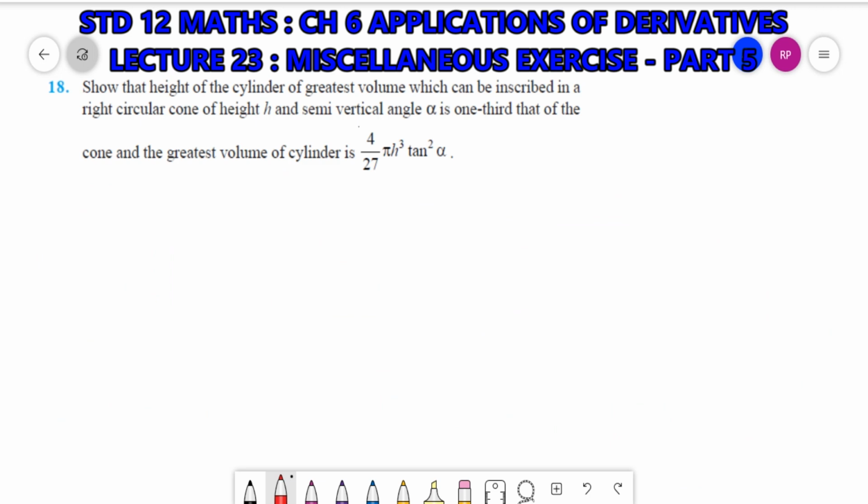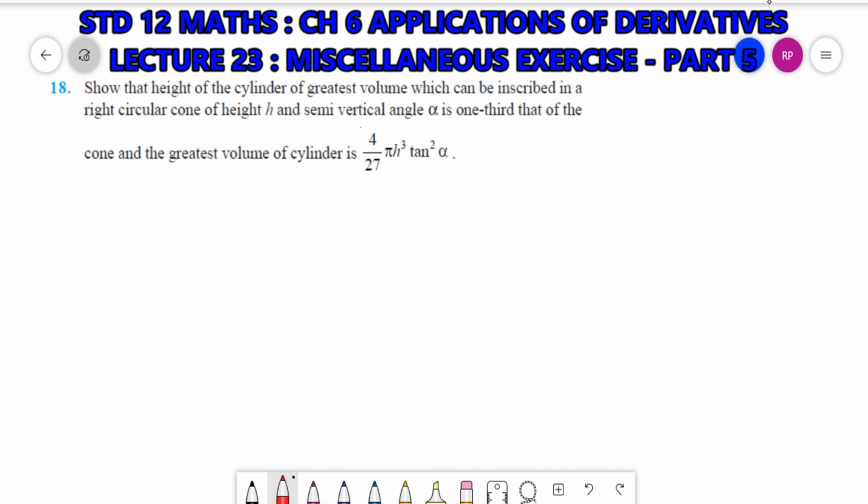This is the first part. And the greatest volume of the cylinder is 4 by 27 pi h cube tan square alpha. This is the second one. First, we have to prove that the height of the cylinder is one third the height of the cone, and the greatest volume of the cylinder is 4 by 27 pi h cube tan square alpha.